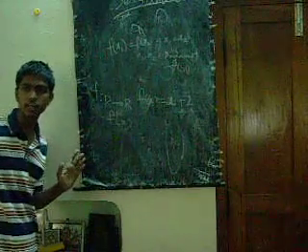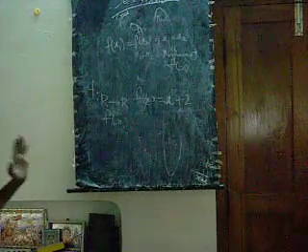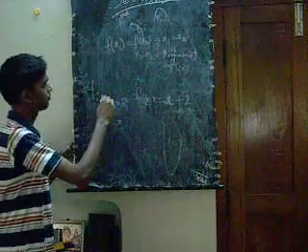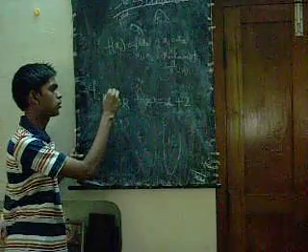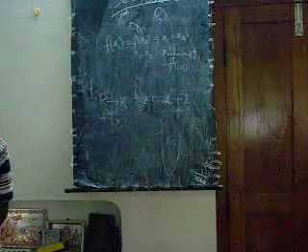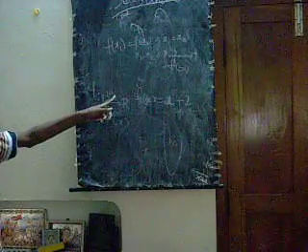Do not substitute any value of x1 and x2 which do not belong to the domain of f of x. For example, if I say f maps from R plus to R, then is it 1-1? It is. Why? 2 will give you 4. Minus 2 was giving you 4, but here minus 2 is removed from the domain.